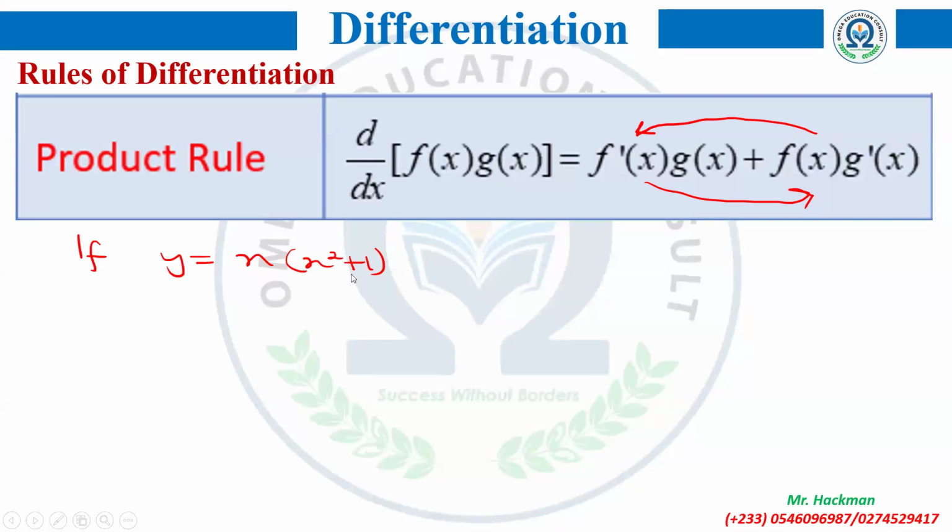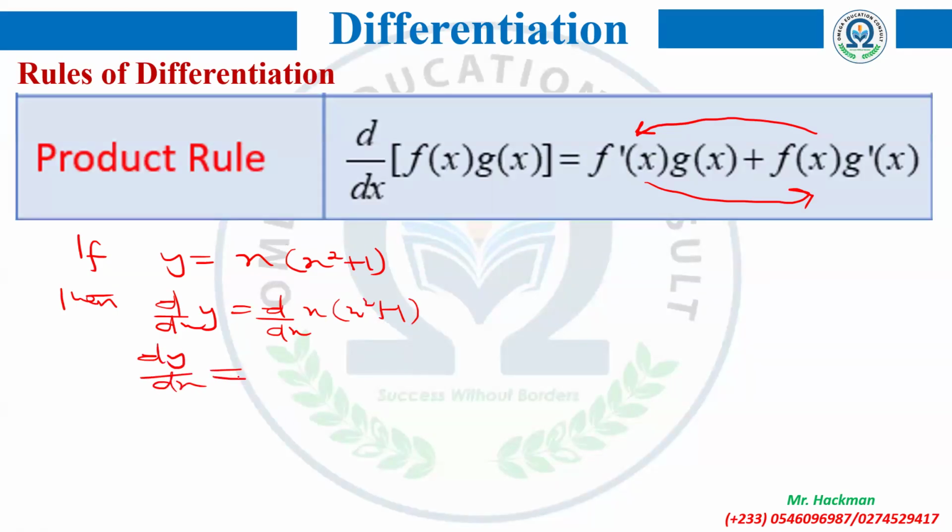The other function is x squared plus 1, so g of x is x squared plus 1. Once you have this and you want to use the product rule, I can say d dx of y will be equal to, so I've taken d dx of this side, I have to come and take d dx of x squared plus 1 as well. But d dx of y gives me dy dx.